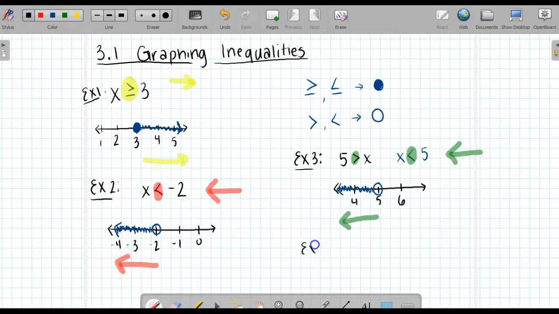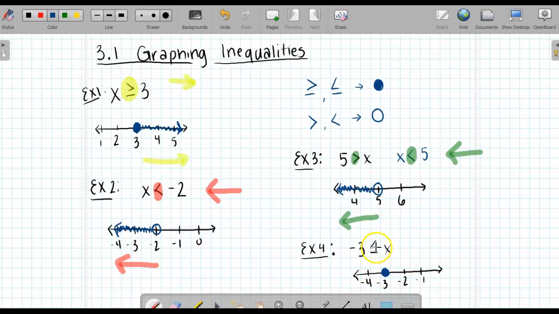Let's do example 4. Let's do -3 is less than or equal to X. So if I'm graphing this, I'd have -1, -2, -3, -4, and as I graph this, at -3, I've got it less than or equal to, so I'm going to use a closed circle there at -3.